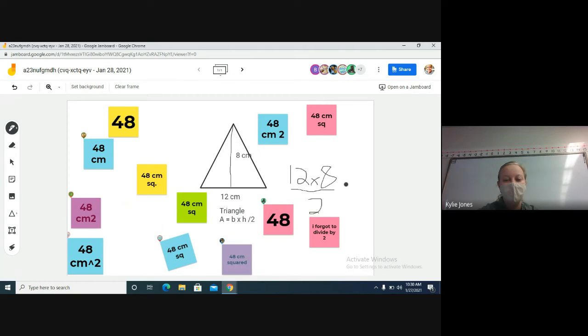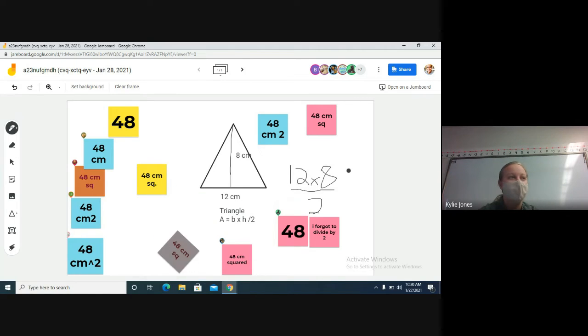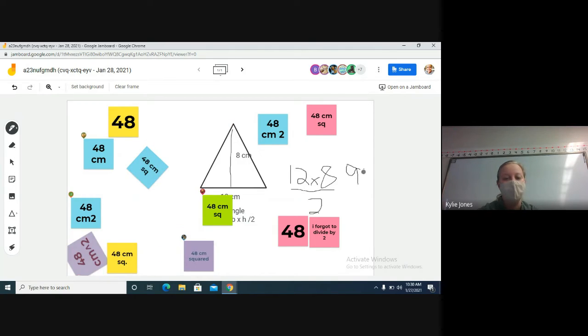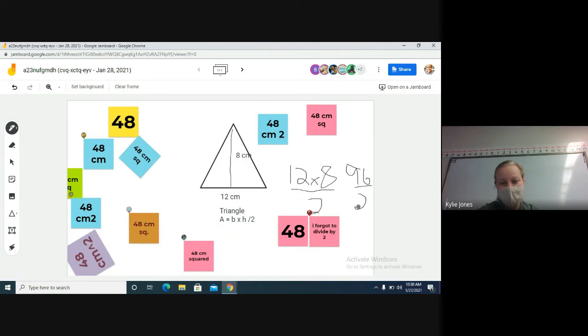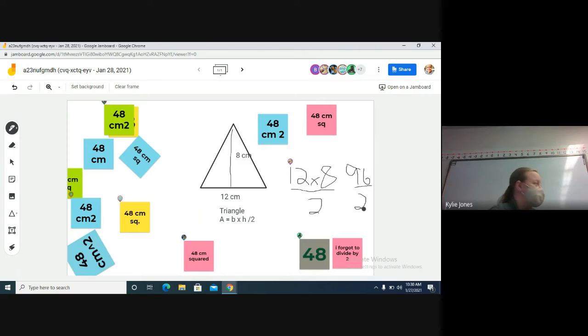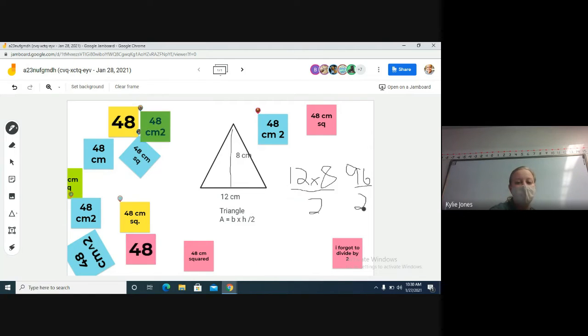So 12 times 8 equals 96. Then you can do 96 and divide it by 2, and you get 48 centimeters squared. Good job, guys.